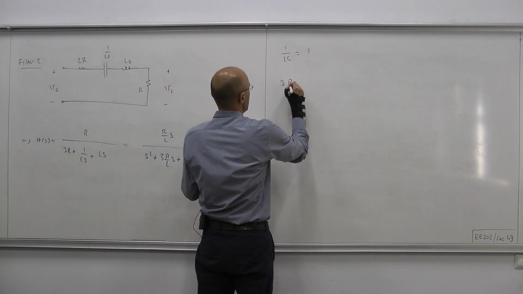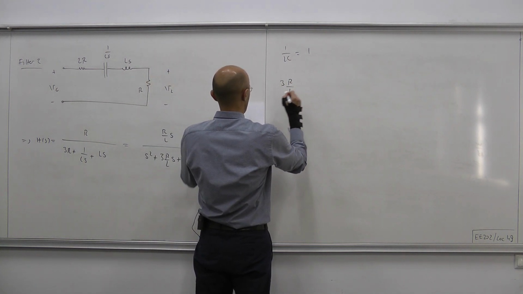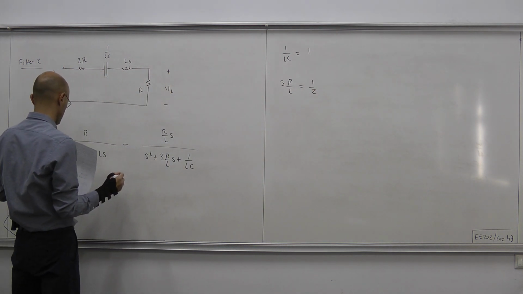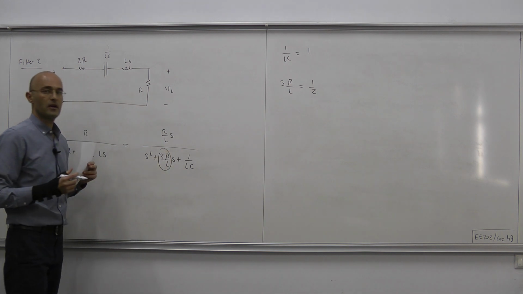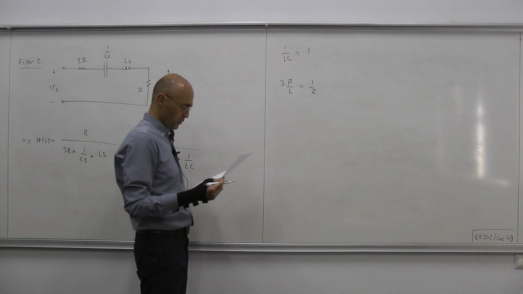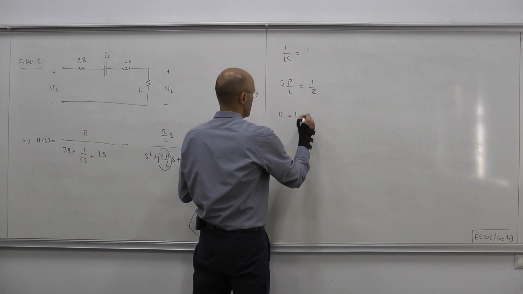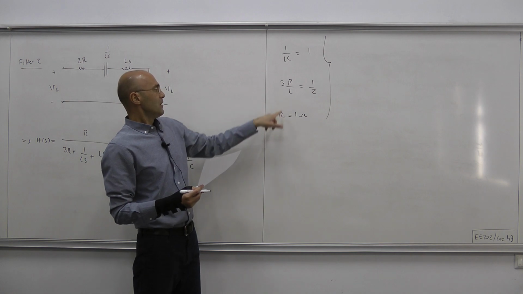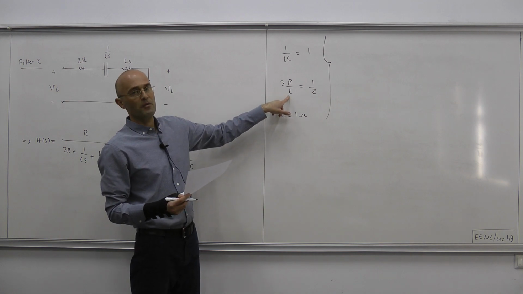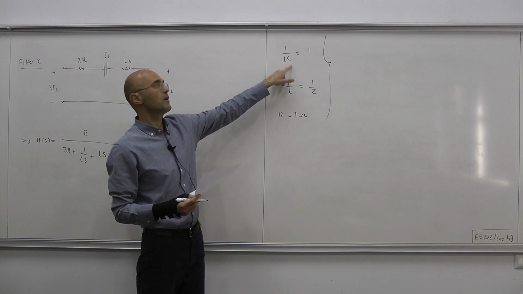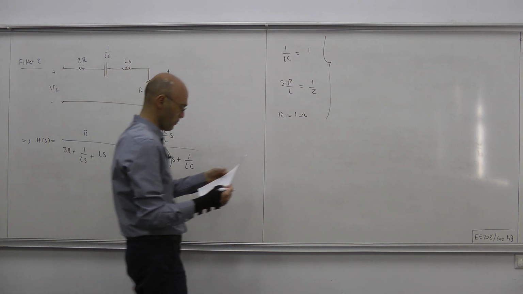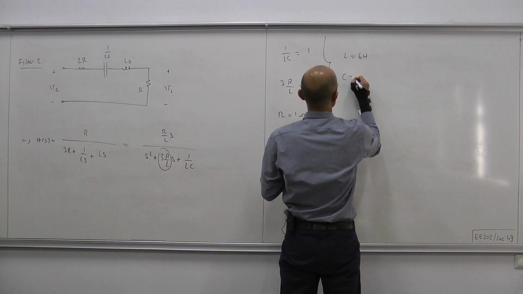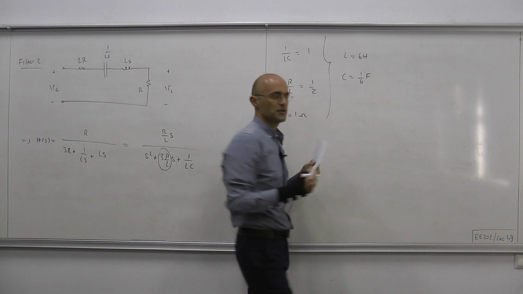The bandwidth 3 times R over L equals 2 alpha omega 0, which equals 1 over 2, and finally R is 1 ohm. Since R is known, from this equation we figure out L, and once L is figured out, C is also determined. It turns out that L equals 6 henries and C equals 1 over 6 farads.